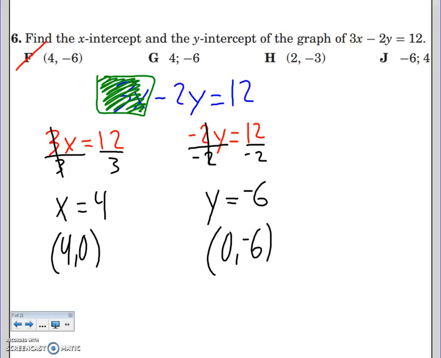That's the point that's not even on the x or y axis. This next one says 4 and -6. That's the answer. That's saying that's one answer, this is another answer. Right? F is saying they're together. H is totally wrong, and J is in the wrong order. Find x first, y second.